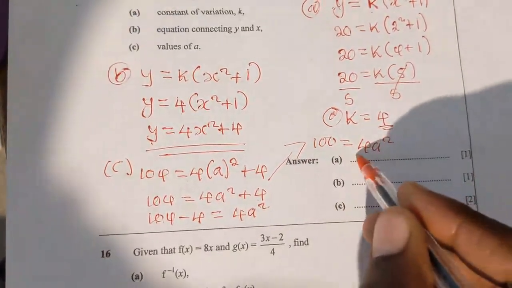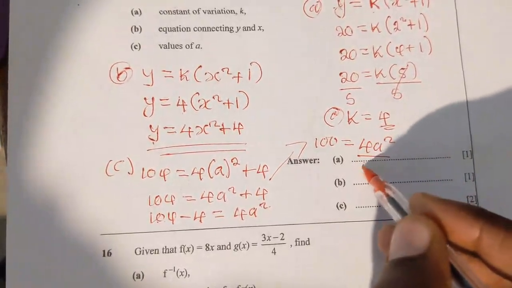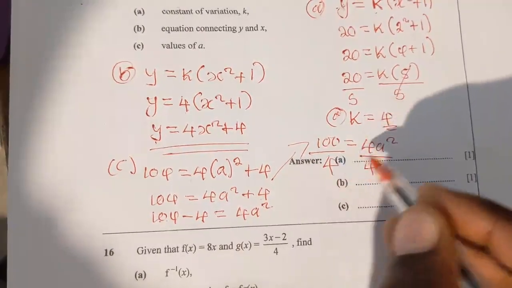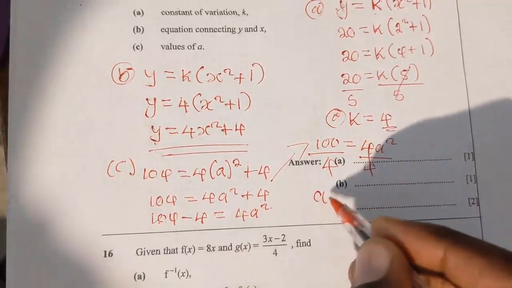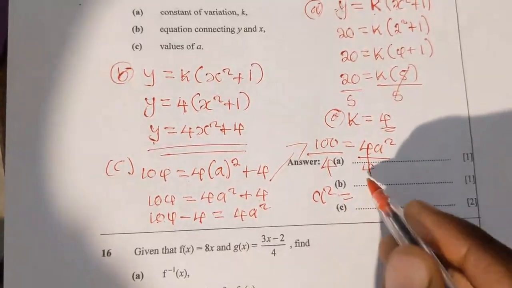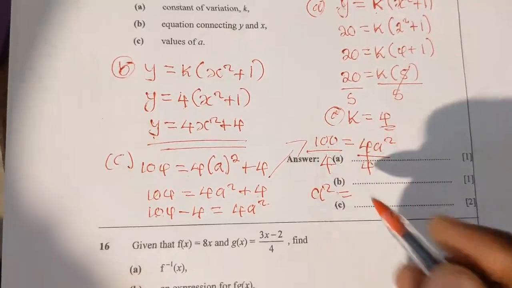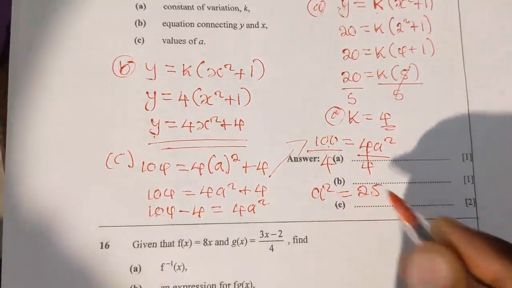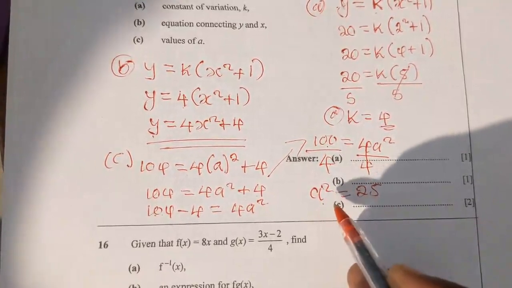We divide both sides by 4, so a squared is equal to 100 divided by 4, which is just 25. What you need is the value of a, not a squared.